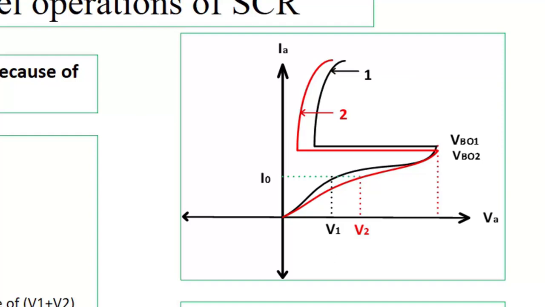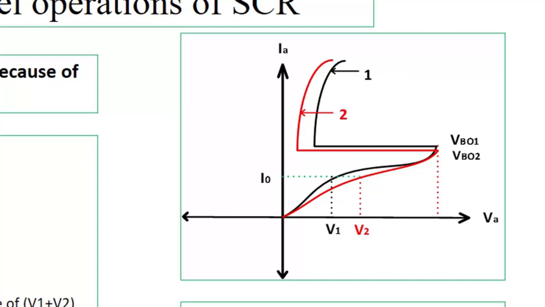Now this leakage current intersects the graphs of thyristor number 1 and thyristor number 2. You can compare that the leakage current intersects the thyristor number 1 graph at V1, which is lesser than V2.